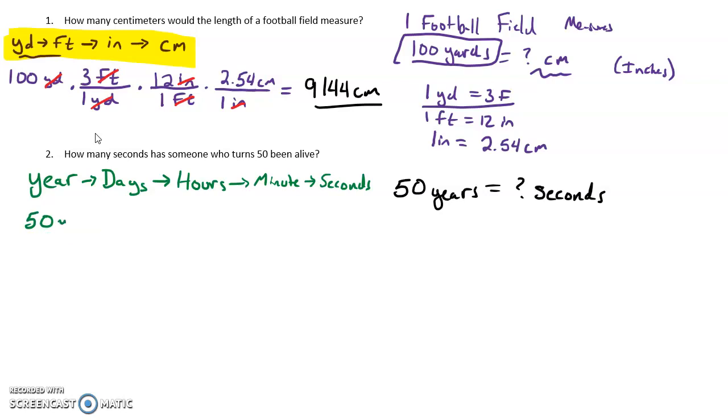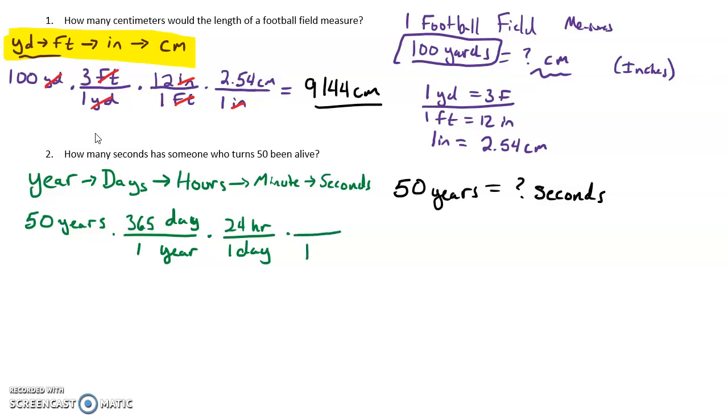So this person's been alive for 50 years. Again, always start with what we're given. Then let's convert from years to days. I'm going to put what I want to get rid of, which is years, on the bottom, and days on top. And we know in 1 year there are 365 days. And then we're going to go from days to hours. In 1 day there are 24 hours. And then we're going to go from hours to minutes.